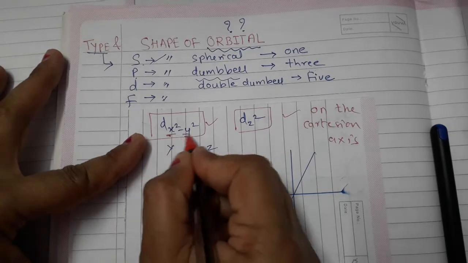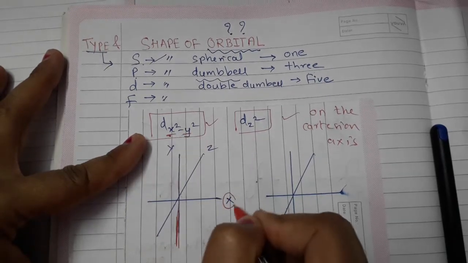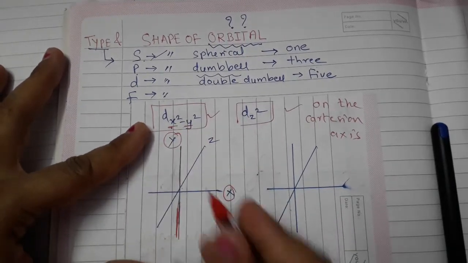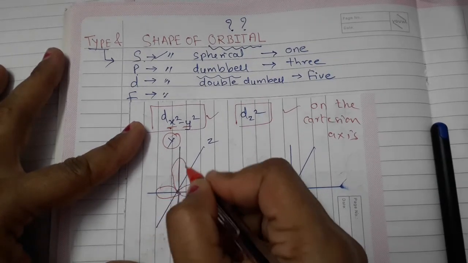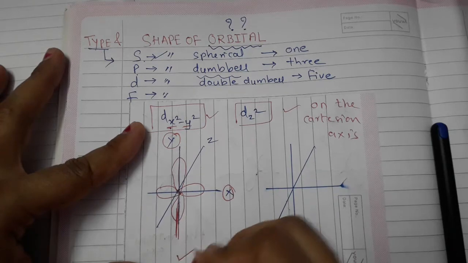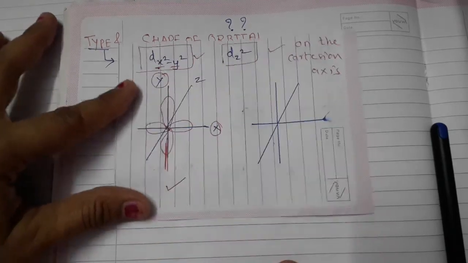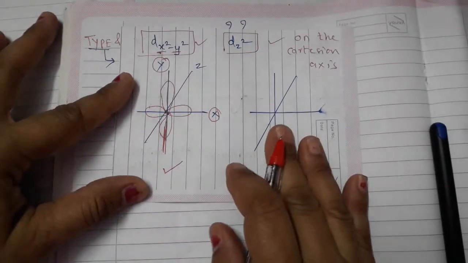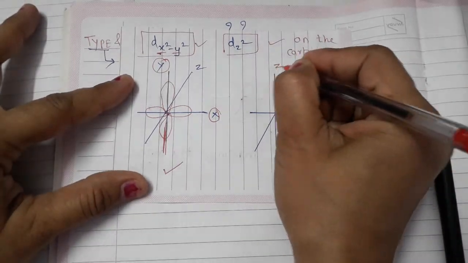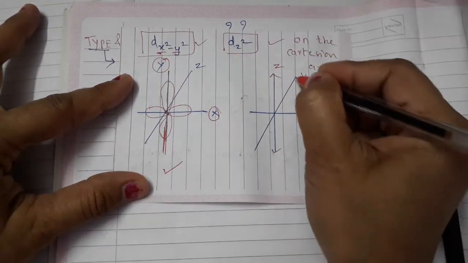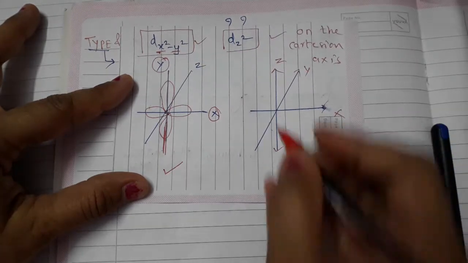So we have x square minus y square. So you remember this x. Look at this y. So I will draw like this. This is dx square minus y square. This is the orbital. In this way you have to draw. Okay. Next is dz square. Now for dz square, this is the z axis, x, y, z.